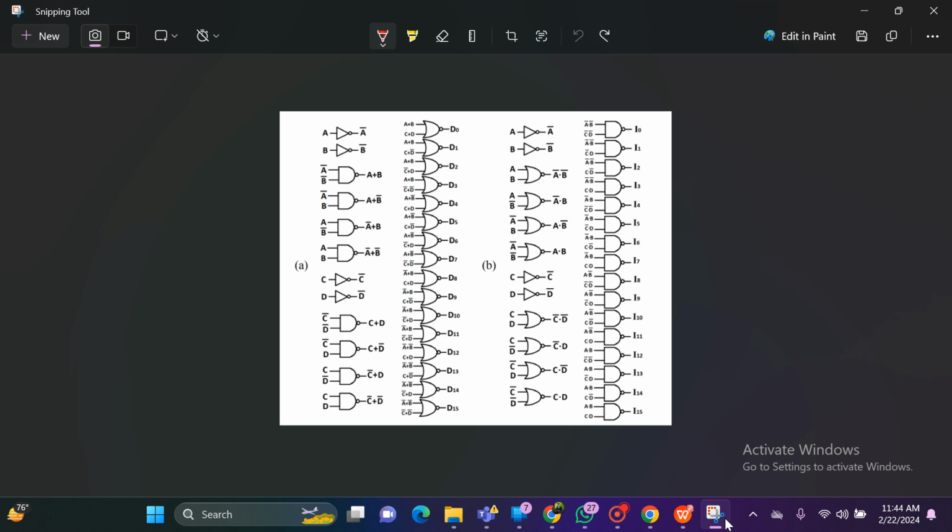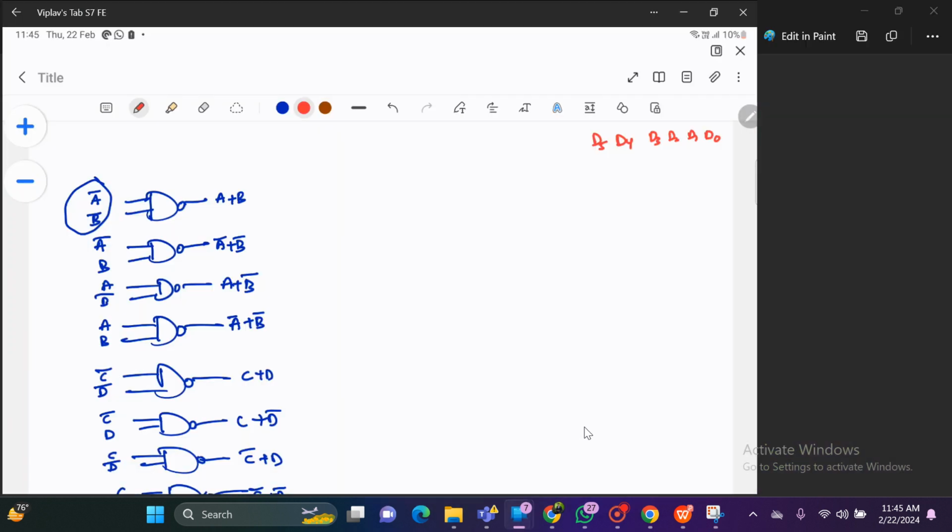Now suppose, how a 4 to 16 decoder will look like. It is something like this: d0, d1, d2, d3, d4, d5, d6, d7, d8, d9, d10, d11, d12, d13, d14, d15.